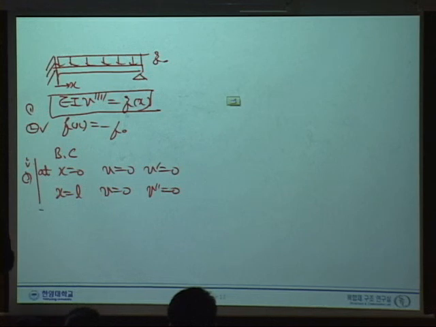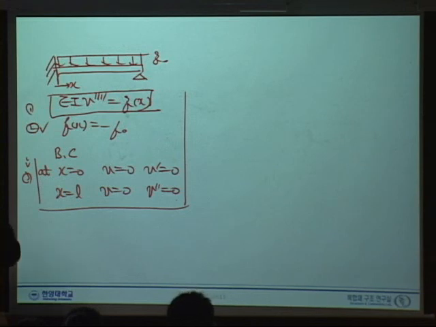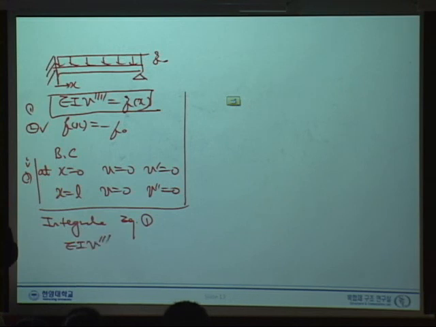Now, once you write down this one, let's try to solve. How can we solve? Well, integrate equation 1: EI v third derivative equals, what is that? Qx is minus Q0, right? So minus Q0 x plus C1.